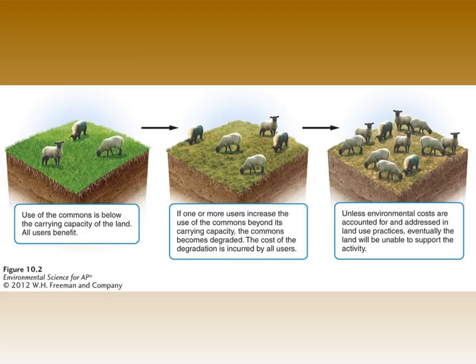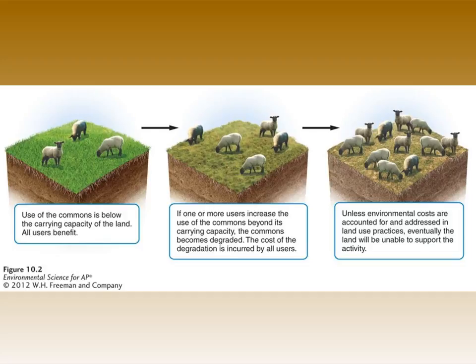So our example here is the use of the commons is below the carrying capacity of the land and all users benefit. Remember, the carrying capacity is the limited amount that you can use before you've overextended yourself. With our first little picture of sheep here, there are 3 of them, and the grass is able to withstand how much they eat, and it's able to grow back. In the middle one, if 1 or more users increases use of the commons beyond its carrying capacity, the commons become degraded.